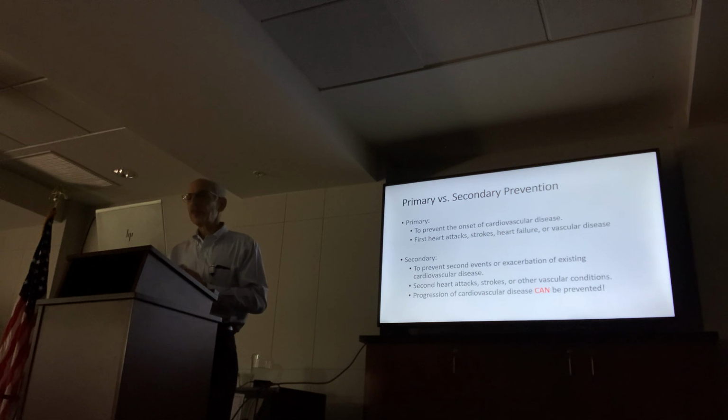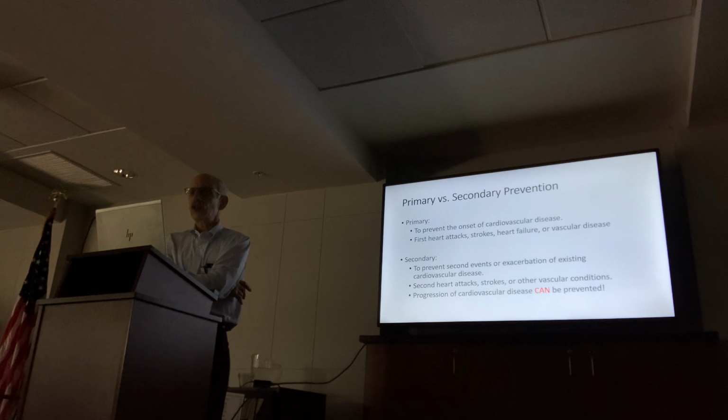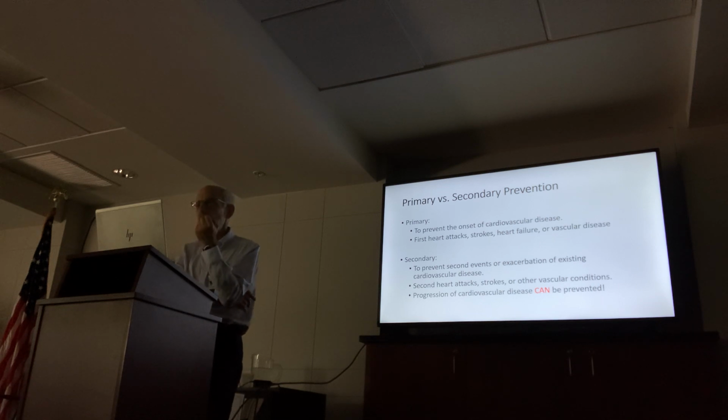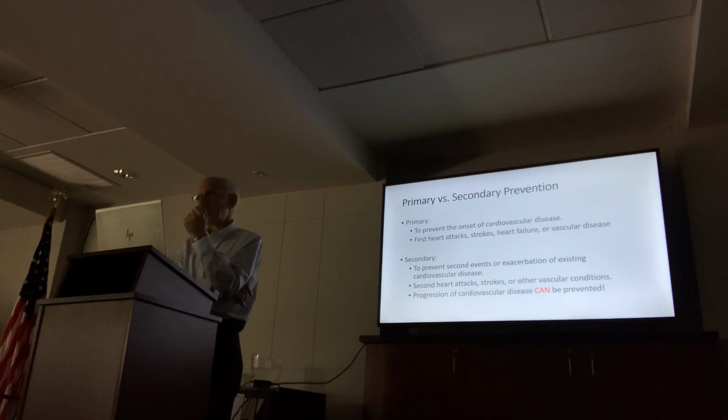Okay. So another concept I want to get across to you is the difference between primary and secondary prevention of cardiovascular disease. Have you heard those terms? Primary versus secondary? Well, primary prevention means that we want to prevent you from developing cardiovascular disease in the first place.